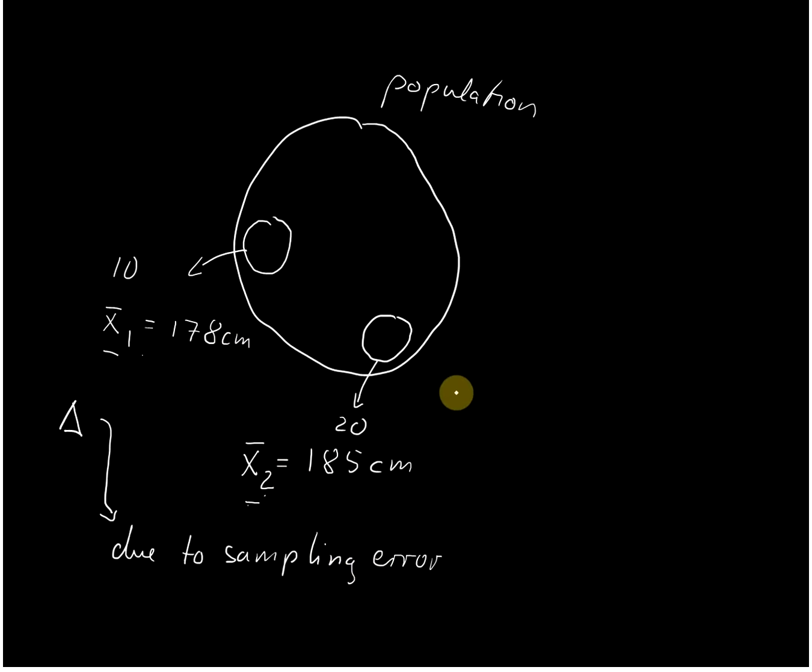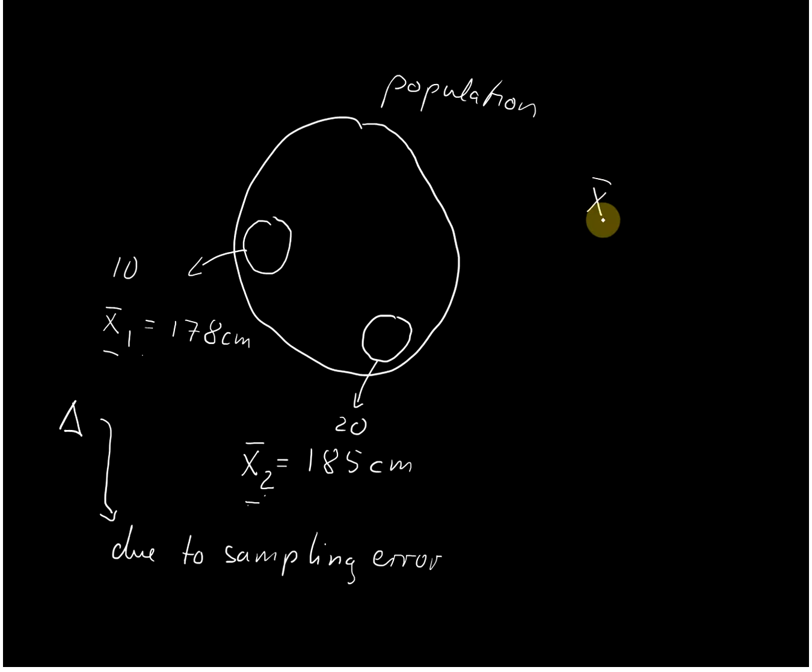Now, in this case, I know that these samples come from the same population. Now let's do another experiment where we say, okay, we've got another average in height.